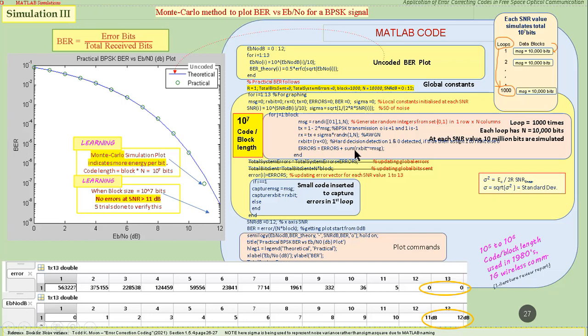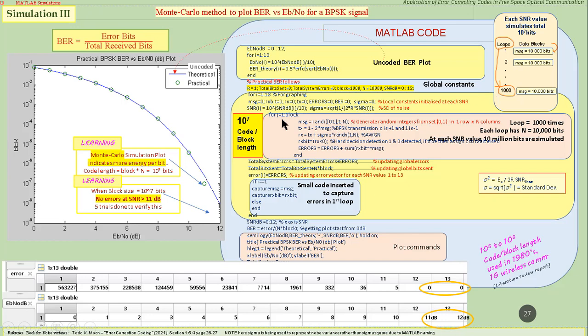Errors will be calculated by matching the generated message vector with the received vector. When they are not equal, the total number of errors is added up, and they keep getting added up as the loop progresses to complete its 10 to power 7 block length.